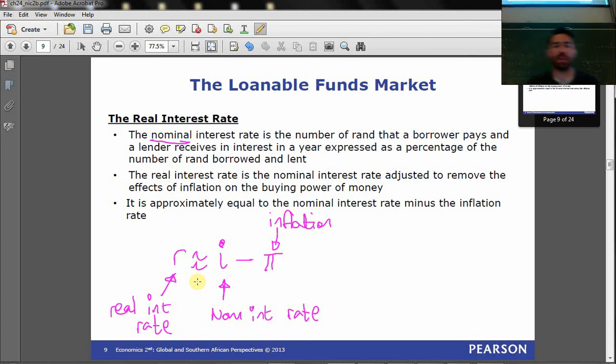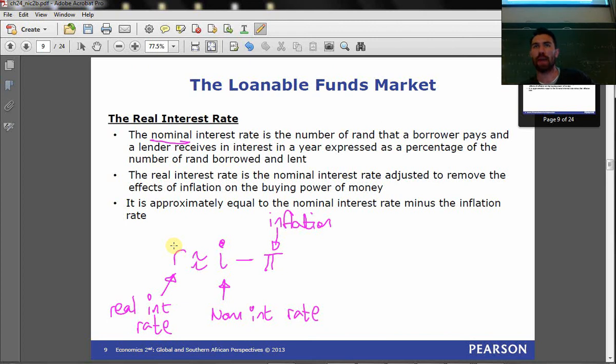The real equation would be a divide. This is not a minus, it's a divide. So we take the nominal interest rate and divide it by the inflation rate to get the real interest rate. So you would take 1 plus R is equal to 1 plus I divided by 1 plus the rate of inflation.